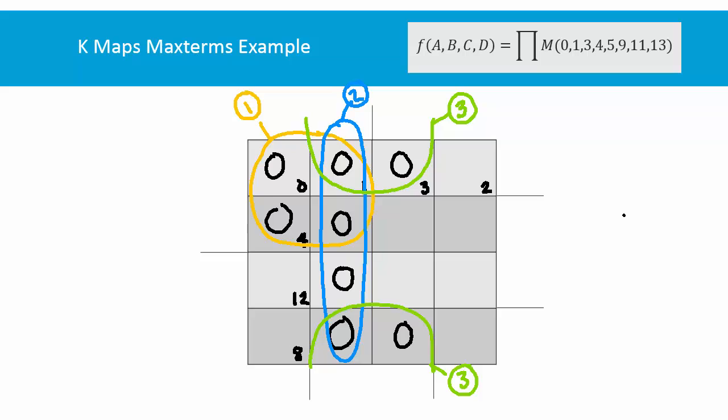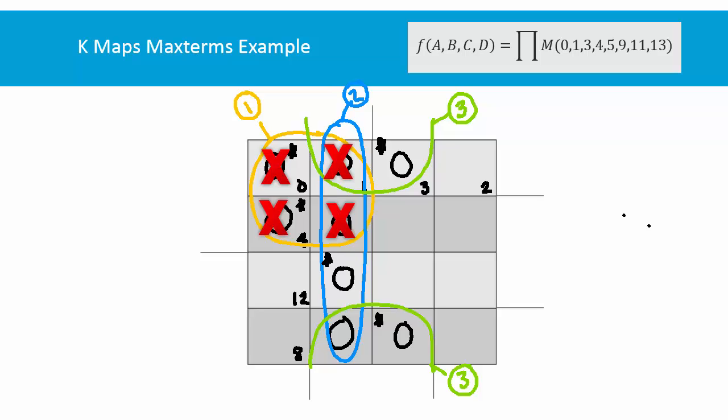So now let's go with the asterisks. So we can see that each group, group number 1, group number 2, and group number 3, each of them have zeros with asterisks. That means that there is only one solution and all the 3 groups must be part of that solution. If I take the group number 1, it covers this 0, this 0, this and this.